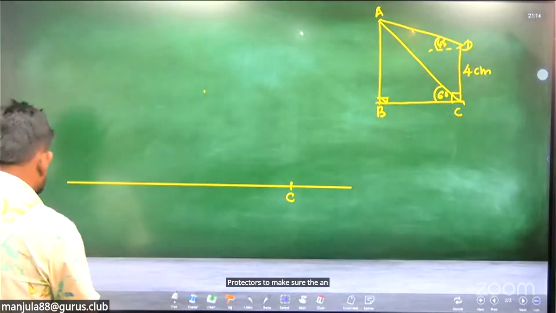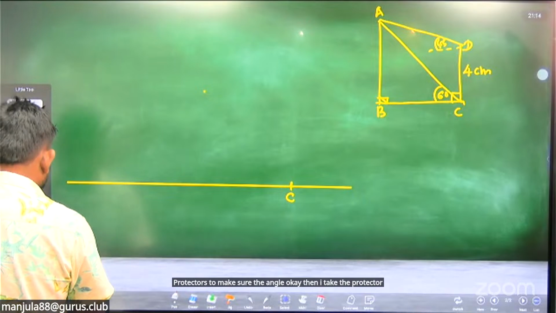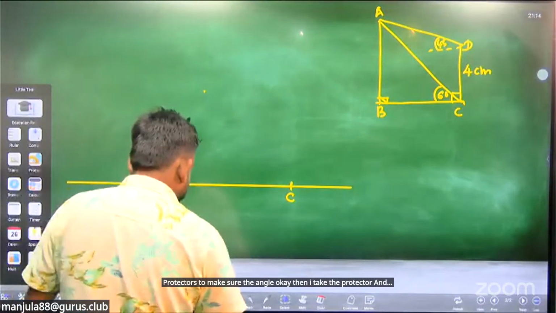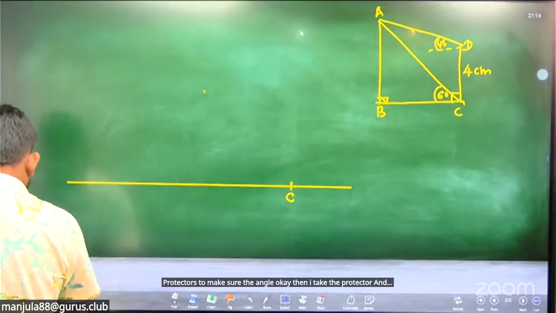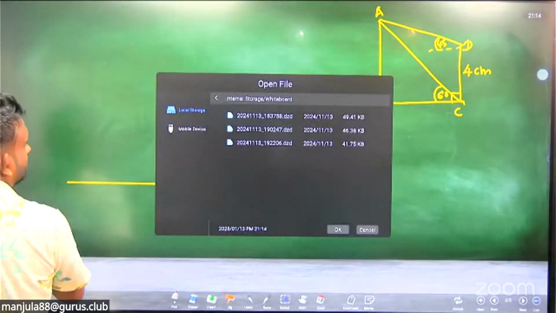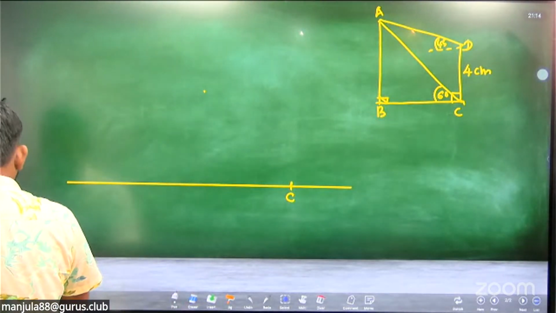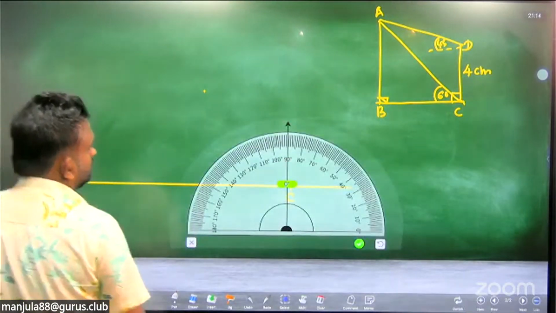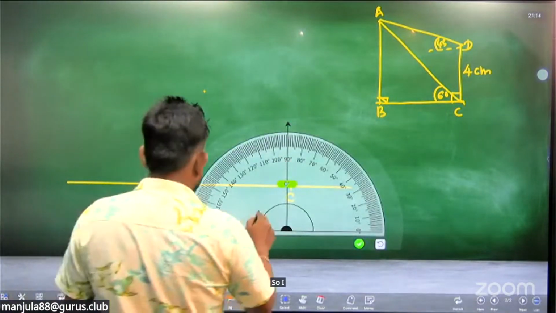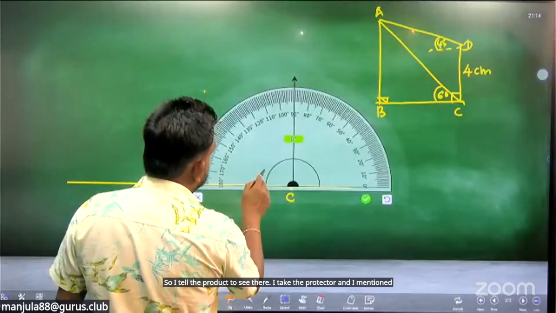Then I take the protractor and measure 90 degrees here.